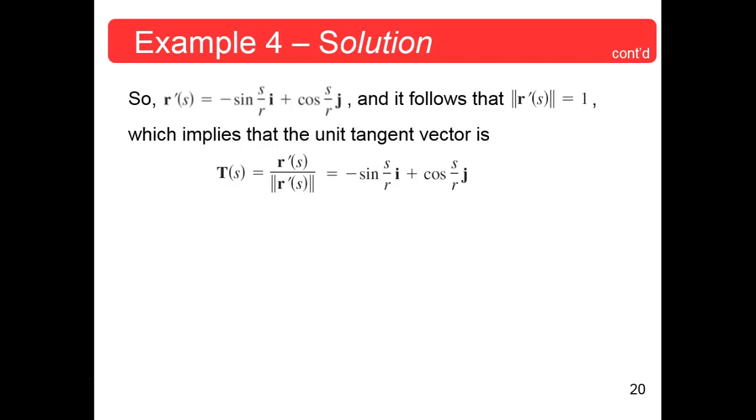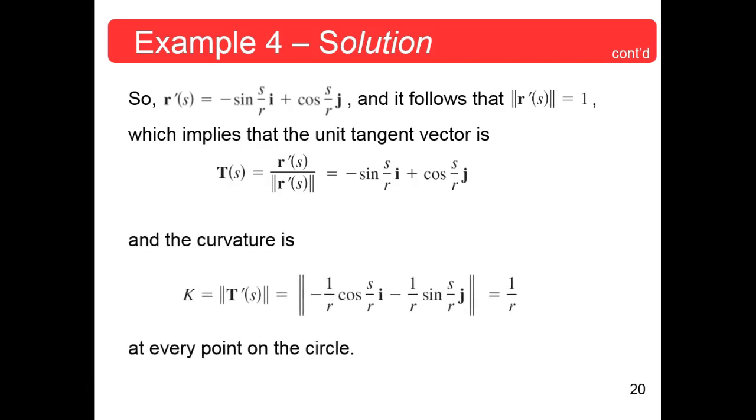That's where it comes from. Now, what is the curvature then? Well, you first have to take the derivative of this, which would be minus 1 over r cosine s over r i minus 1 over r sine s over r j.